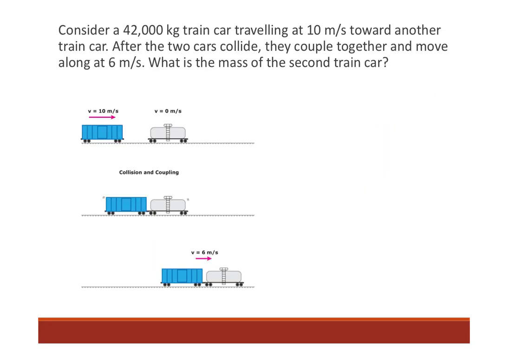So let's think about a collision and put some numbers on it. Let's suppose that we have a train car that is going down the track, and its mass is 42,000 kilograms, and it's traveling at 10 meters per second. So we know that the momentum is going to equal the mass times the velocity.